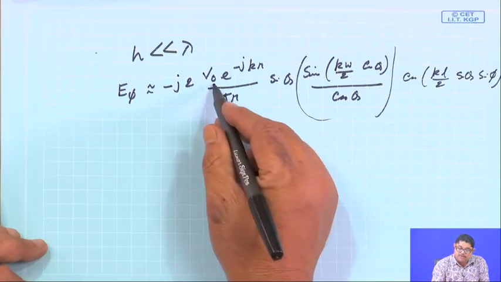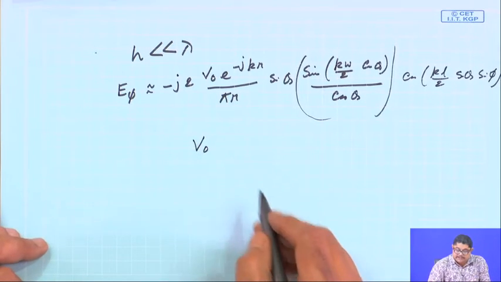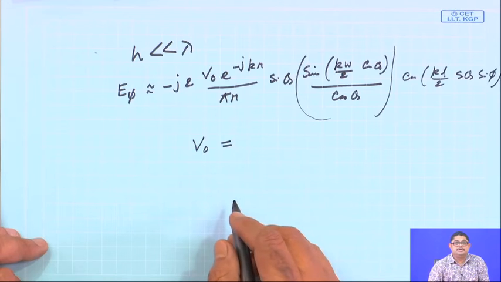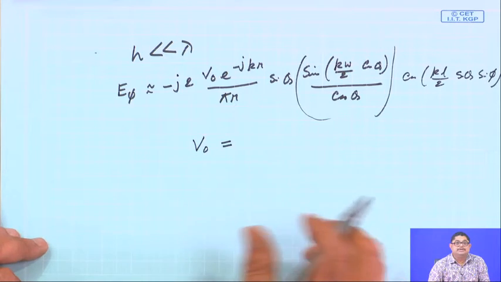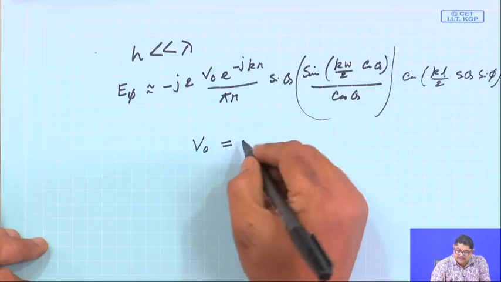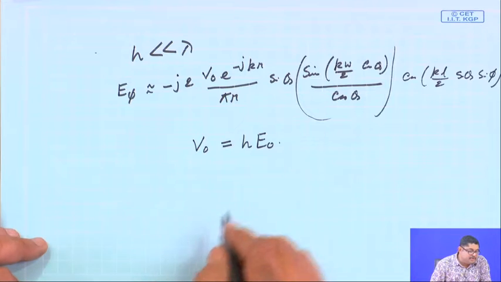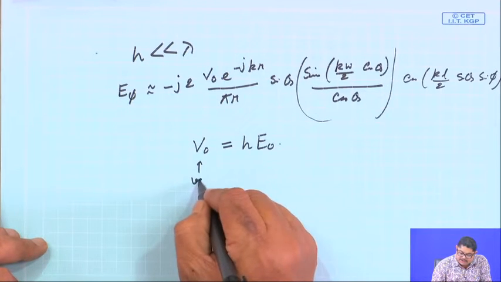Here I have introduced V naught, the voltage across the slot. I know the E field, and I multiply by the thickness, so h into E naught is V naught, the voltage across the slot.